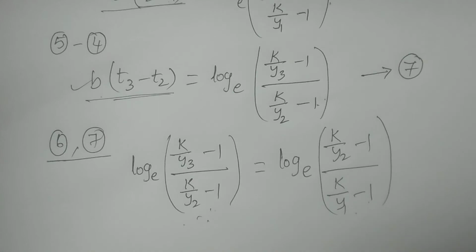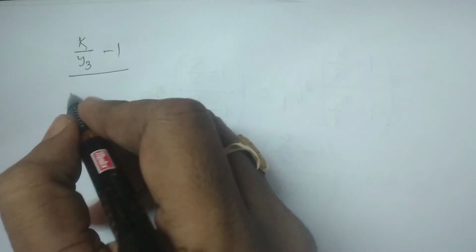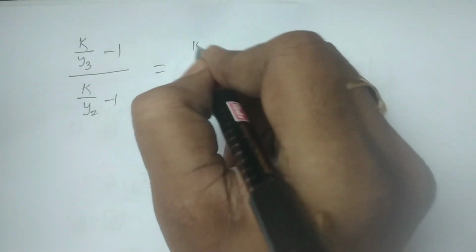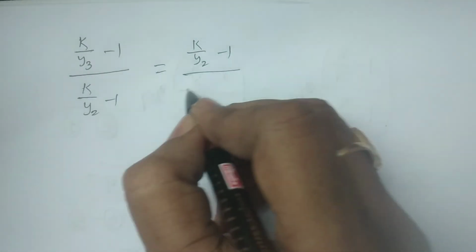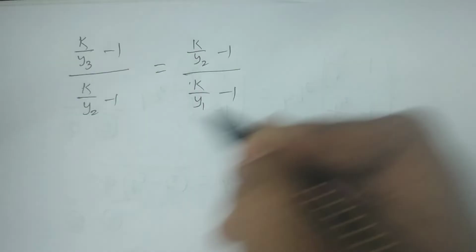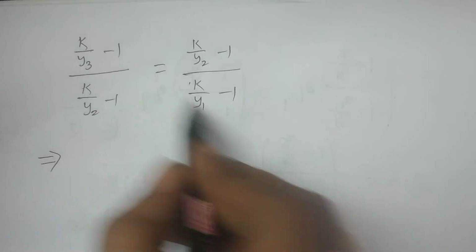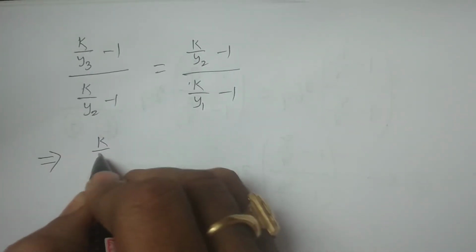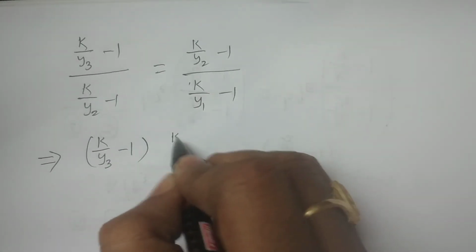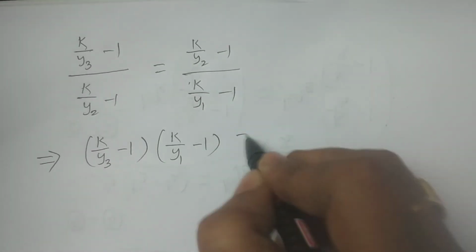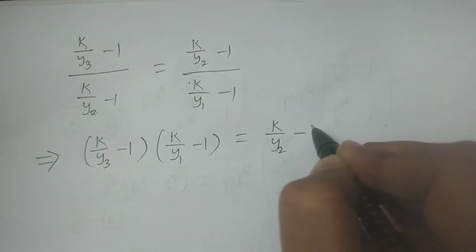So k by y3 minus 1 divided by k by y2 minus 1 is equal to k by y2 minus 1 divided by k by y1 minus 1, which implies, by cross multiplication, k by y3 minus 1 into k by y1 minus 1 is equal to k by y2 minus 1 whole square.